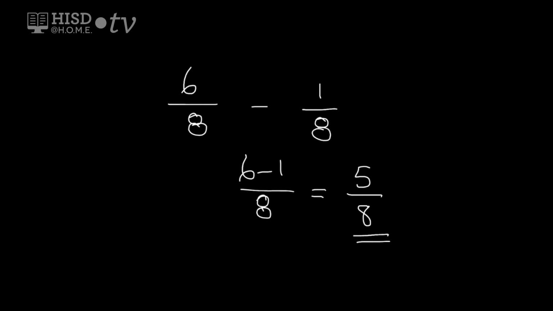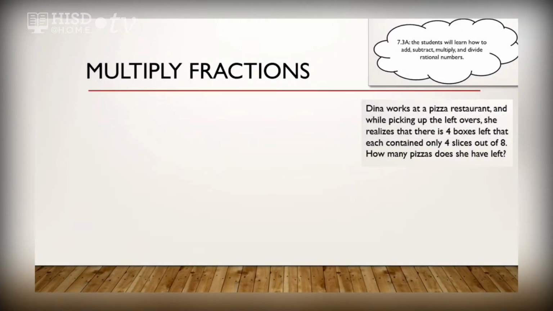I'm gonna tackle this problem differently so we can see the multiplication of fractions. So I know that each box has the same amount of slices, and I can just multiply by 4. So you can see that I have a fraction times a whole number, and we have to remember that every whole number can be expressed as a fraction by adding a denominator equal to 1.